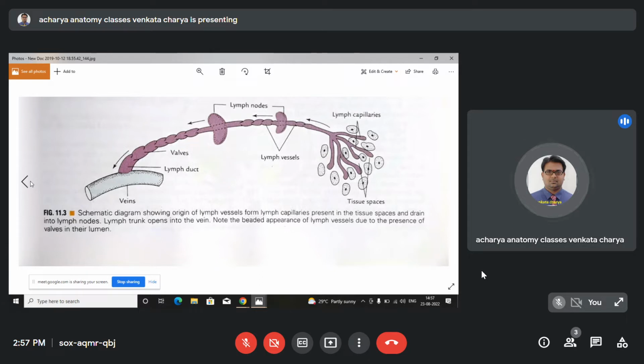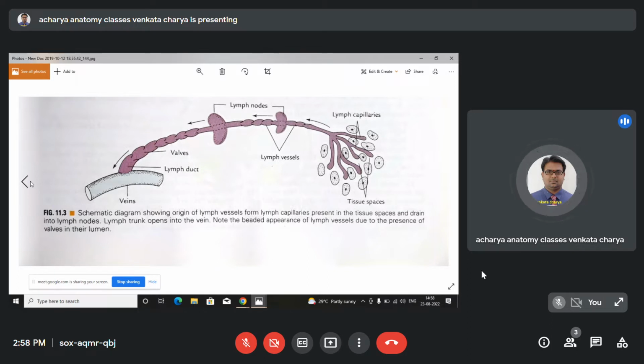The lymph nodes collect the lymphocytes or lymphatic fluid, which finally passes through the valves present in the duct called the lymphatic duct. There are mainly two ducts present in our body. Number one is the right lymphatic duct and another one is the left lymphatic duct, the thoracic duct. So these are the two main ducts.